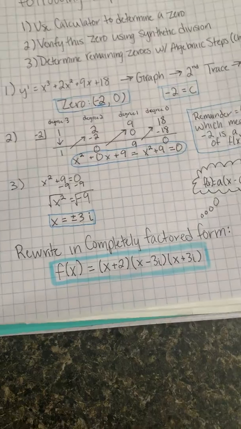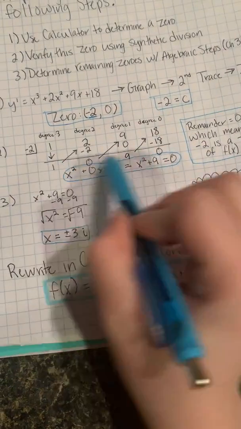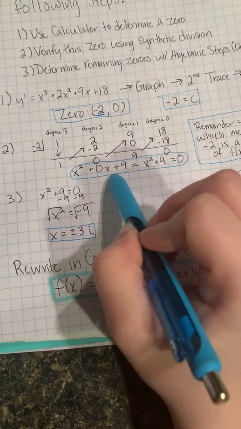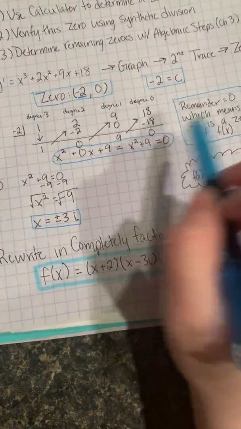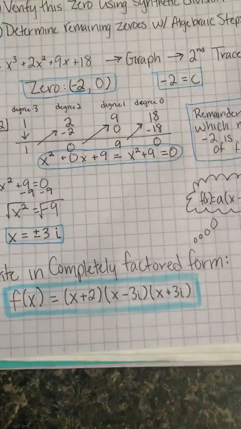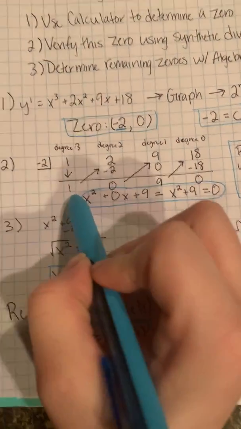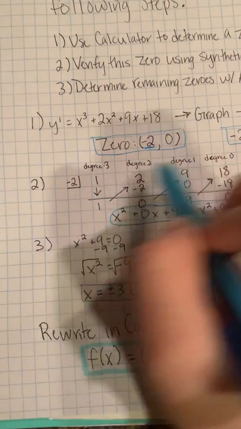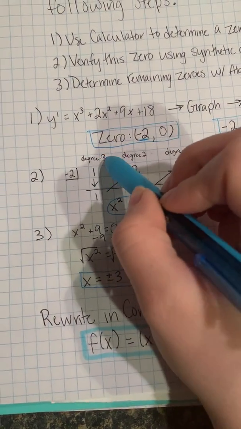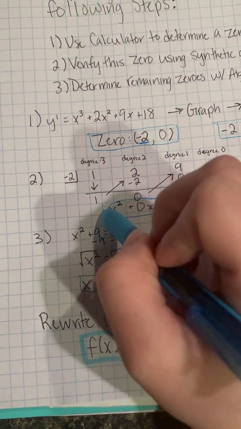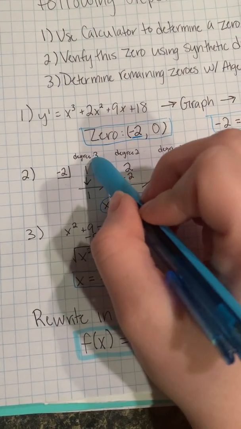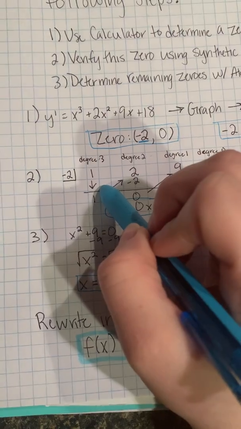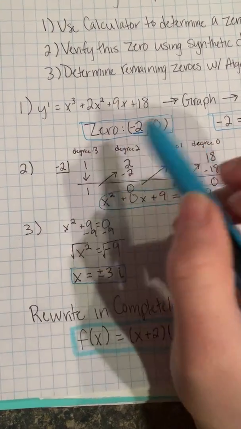So we first have to decode these numbers here that are our quotient and turn it into an equation. So how you do this, so this is degree 3. After completing the division, you subtract a degree, and this is your leading term. So we had degree 3, it's now degree 2, so it would be x squared, and this is our coefficient.